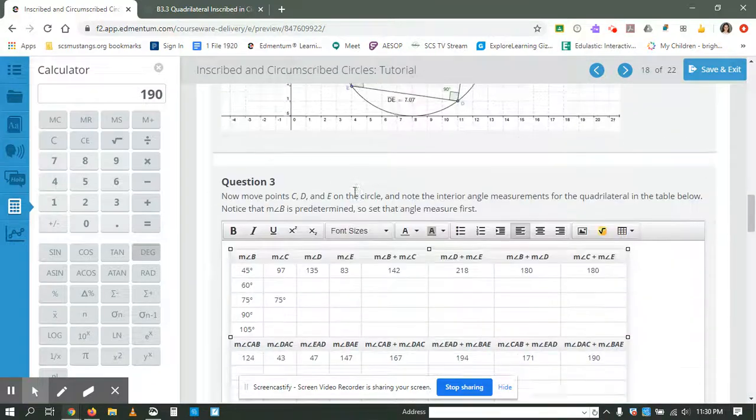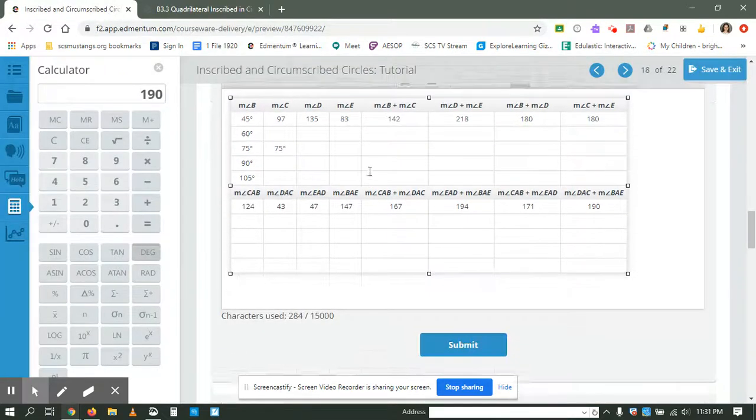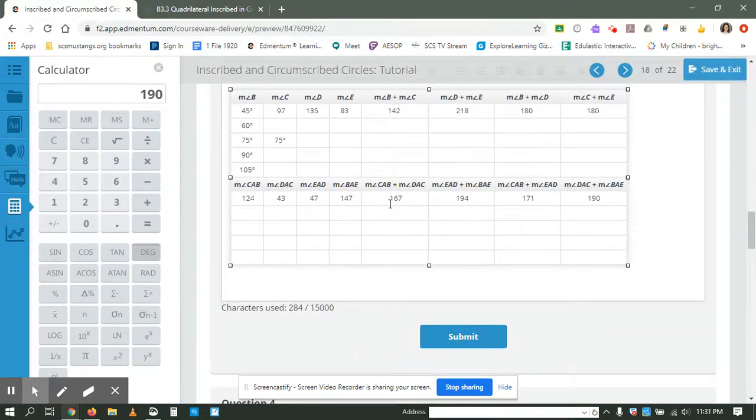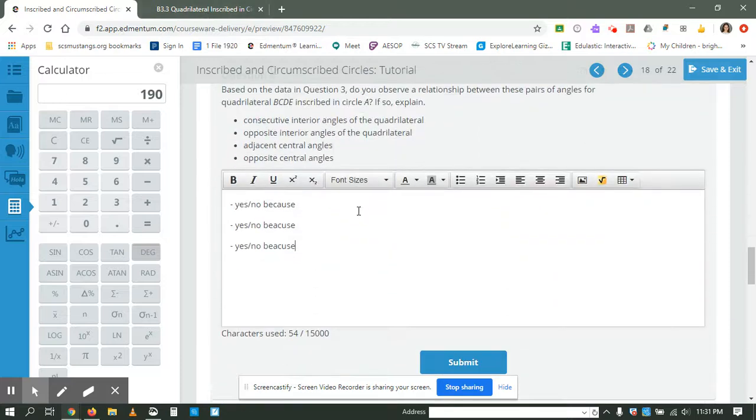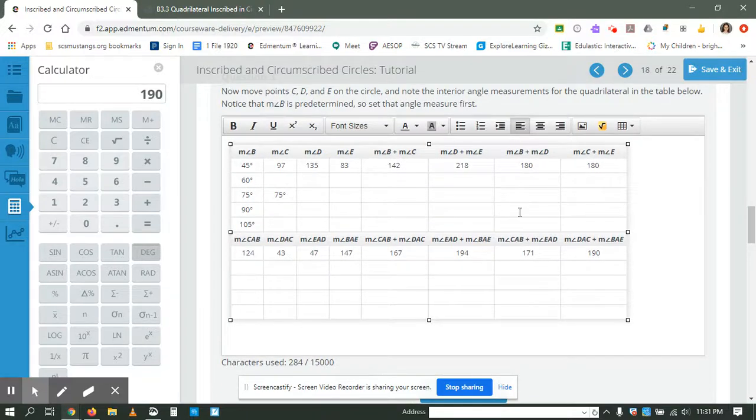Remember, adjacent means right next to each other. So looking at these two angles, is there any relationship right there? These two columns are going to be adjacent angle data. And then for the last one, they've got opposite central angles. Angles that are opposite of each other. Another good word for that would be vertical.